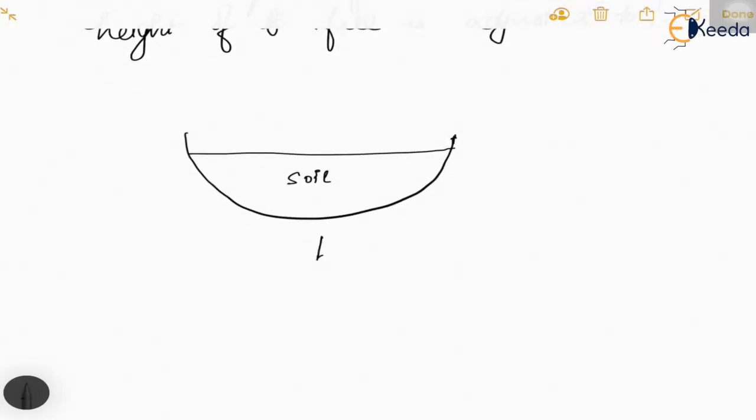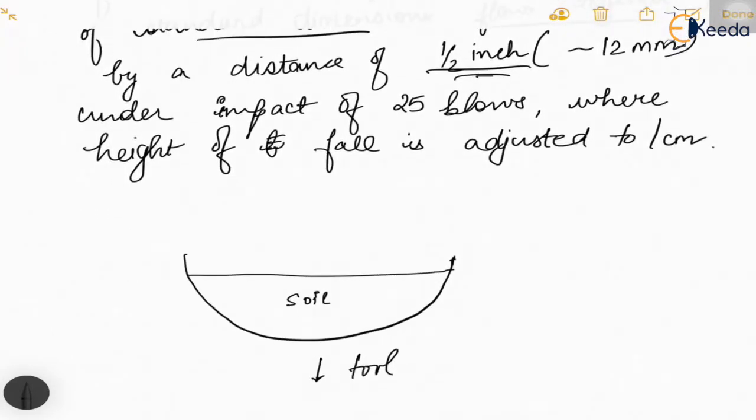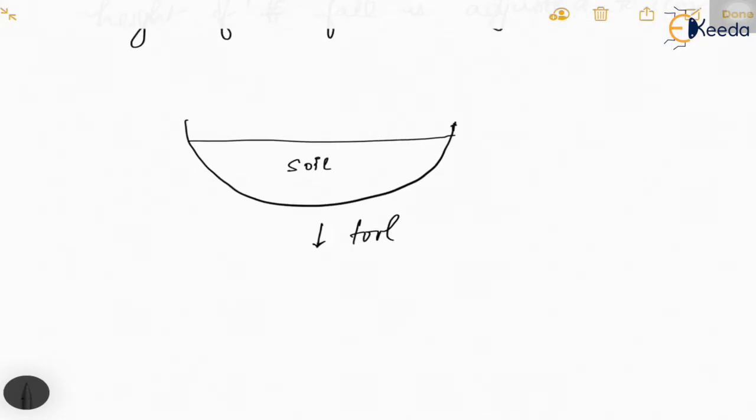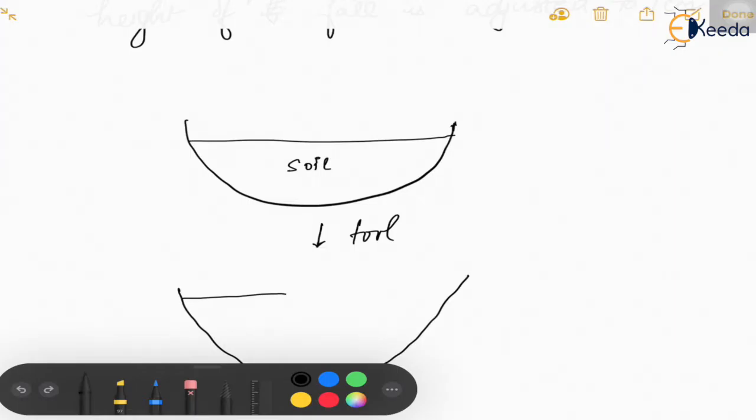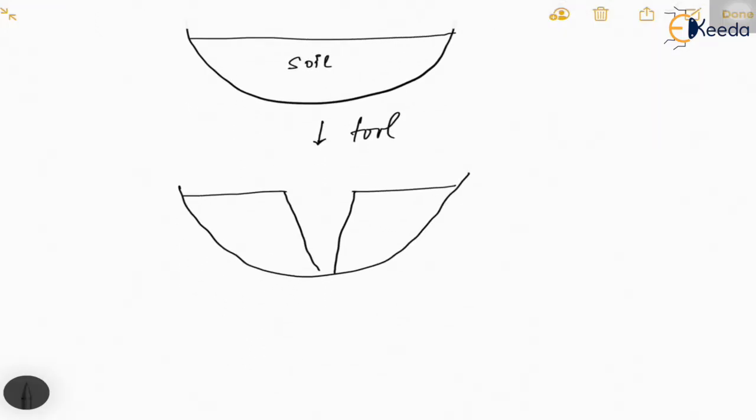So what happens? We take one of the tools. It may be any of these three tools shown here. It may be the ASTM tool or it may be the Casagrande tool. So the soil sample is cut, and we can see that when we cut the soil sample from between, it takes up a shape in this fashion.